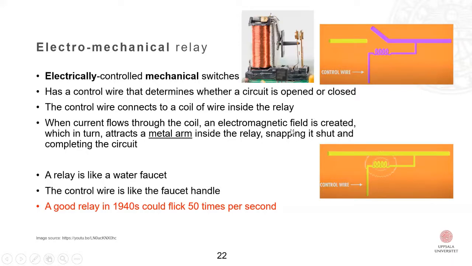So a good relay in the 1940s could flick between the open and shut state 50 times per second. This might seem a lot, but because these relays were used in computations and computations needed to be fast, this speed was actually not good at all. 50 times per second is very low.